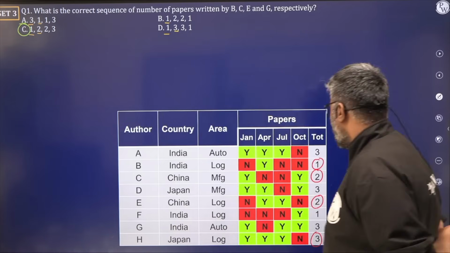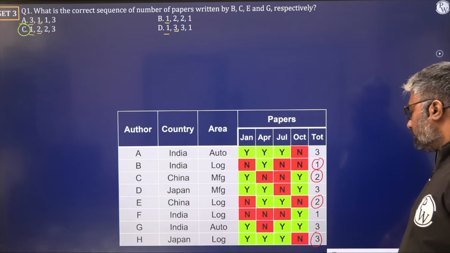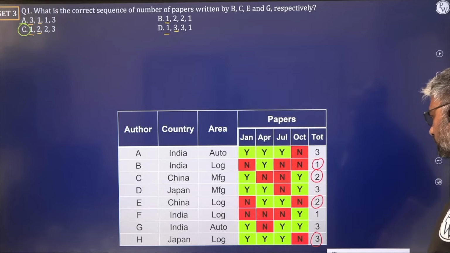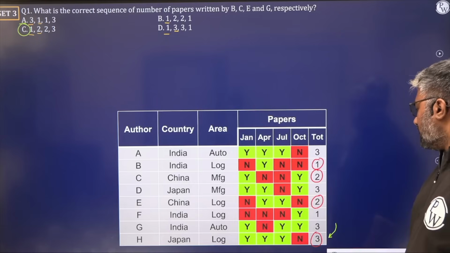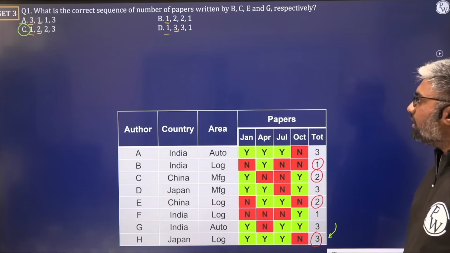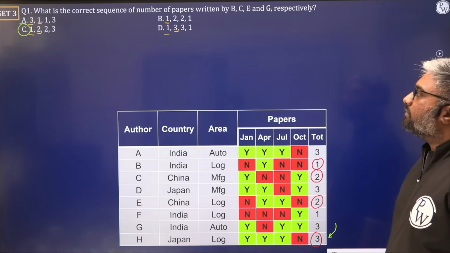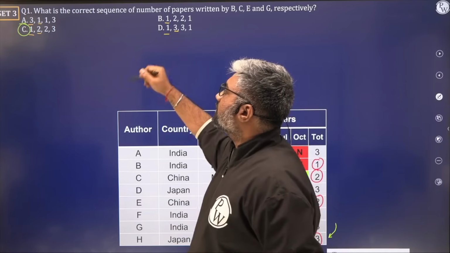But either way, I think we had initially found out that H is 3. We had worked it out with the equation that H will be 3. So if we know H is 3, we can still make a good guess because options B and D are out.